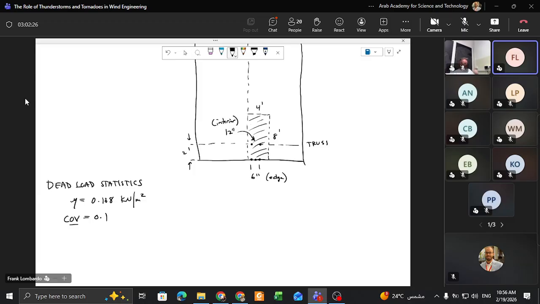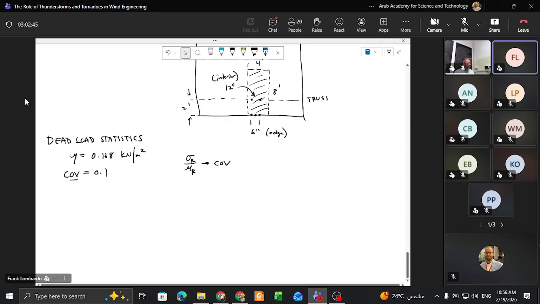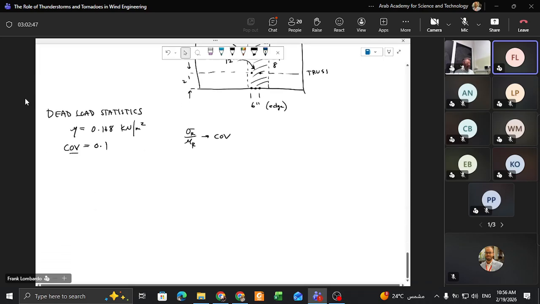Yeah, standard deviation over the mean value, right? In wind engineering, when we're talking about wind, it's the turbulence intensity. Here, it's the standard deviation of the resistance over the mean. So it gives you just a ratio. Here, that ratio is 10%. So some variability. It really gives you a measure of the variability around the mean.